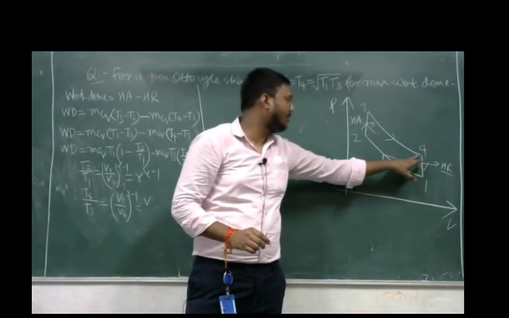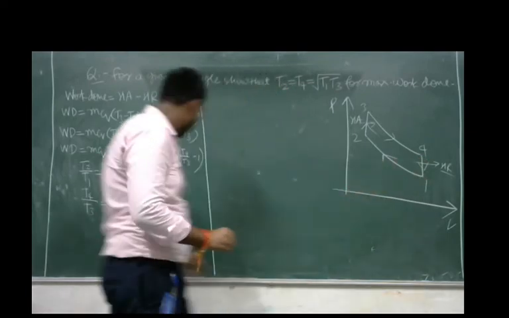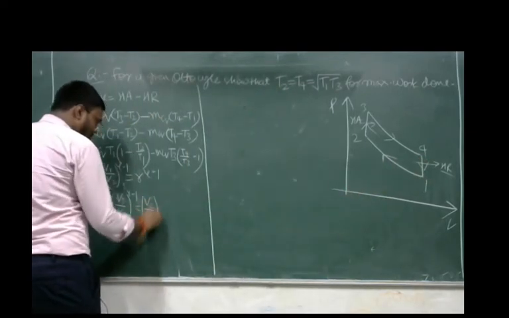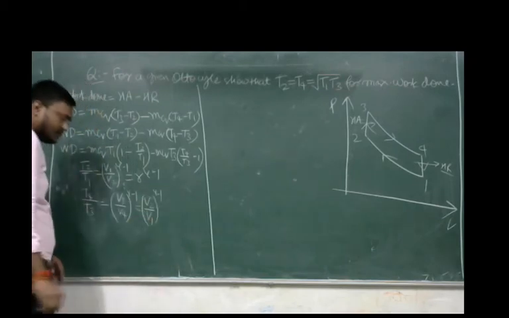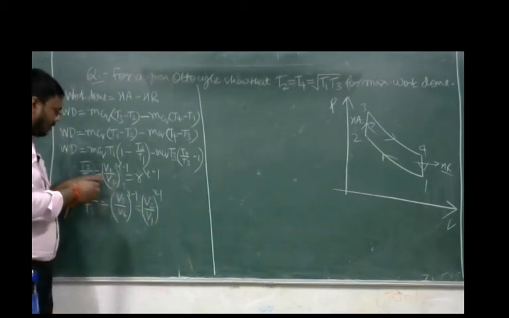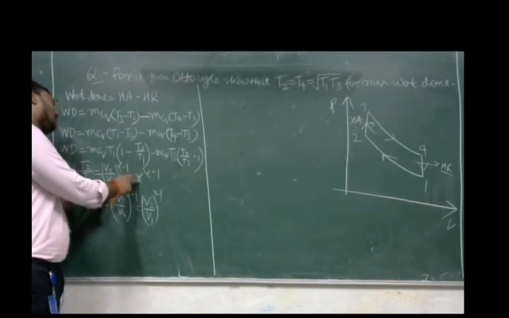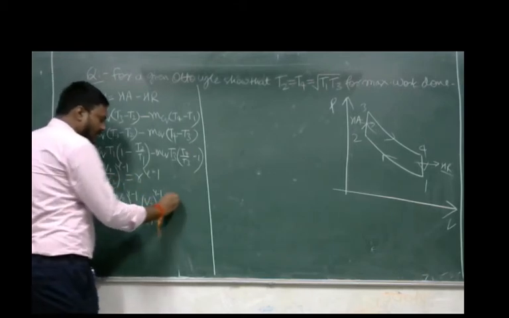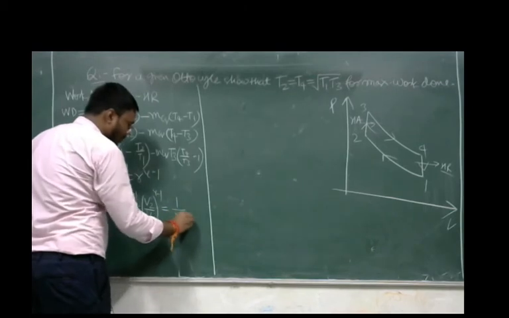So we can say (V2 by V1) to the power gamma minus 1, and since V1 by V2 is R, V2 by V1 should be 1 by R. So it will be equal to 1 by R to the power gamma minus 1.